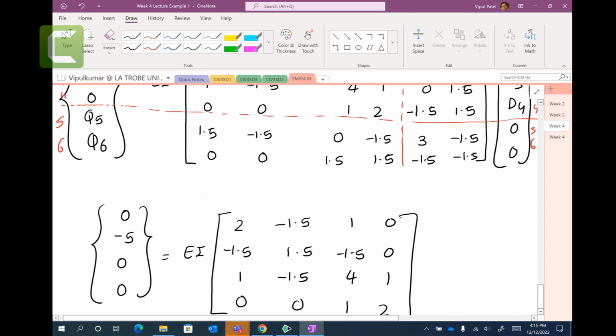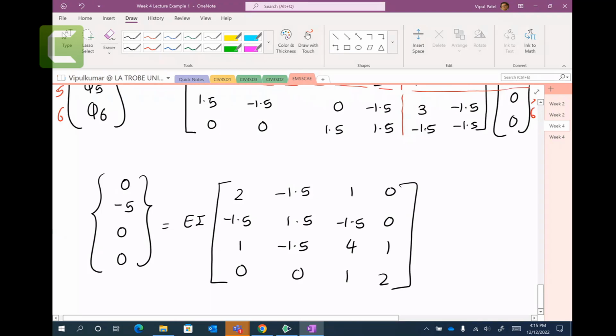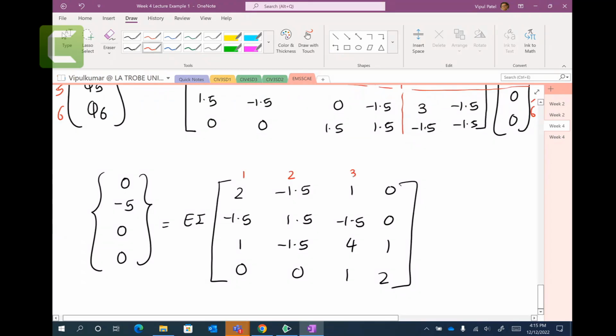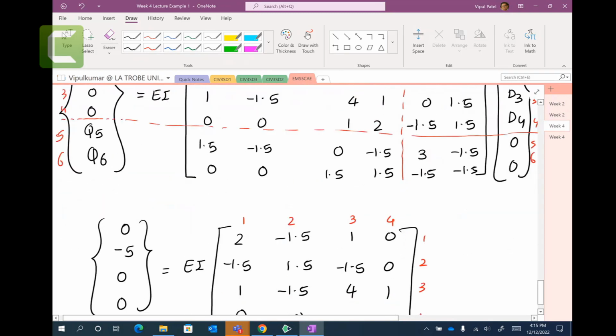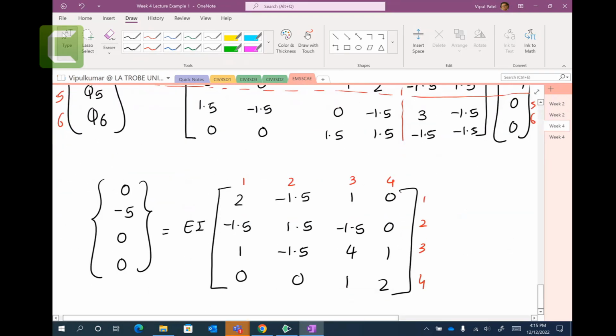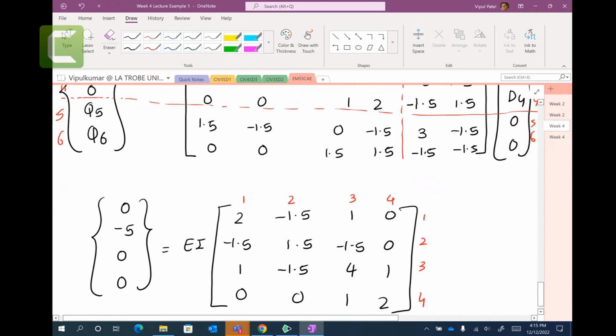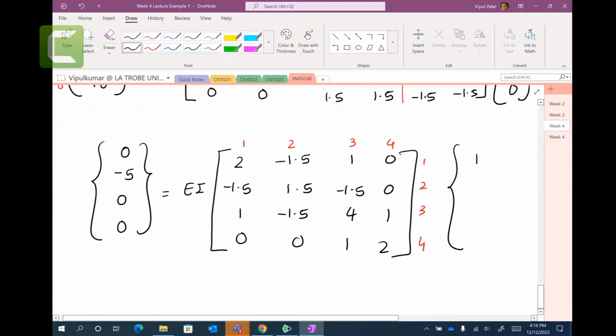So what did I do? I copied this 4 by 4 matrix, rows and columns 1, 2, 3, 4. And then you have D1, D2, D3, and D4.